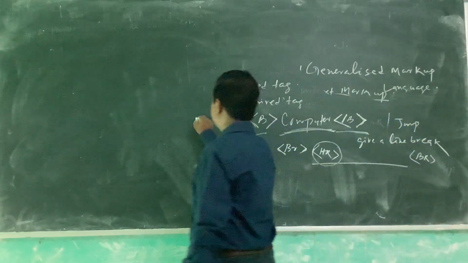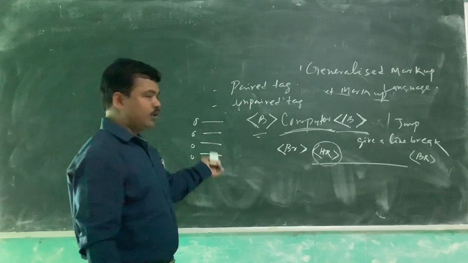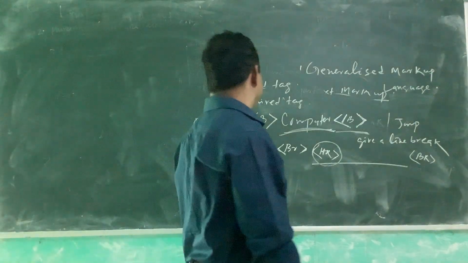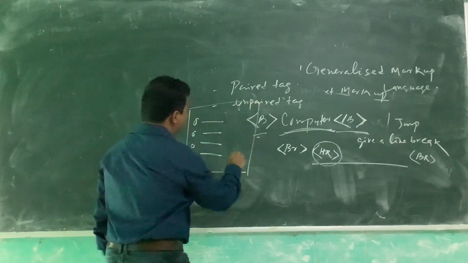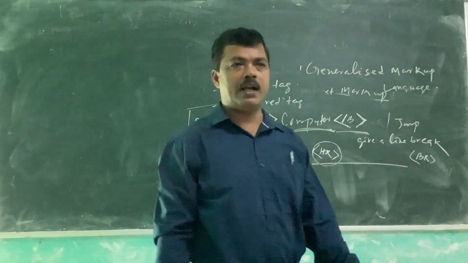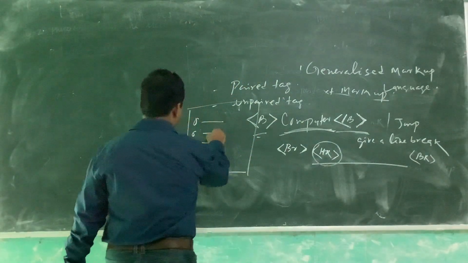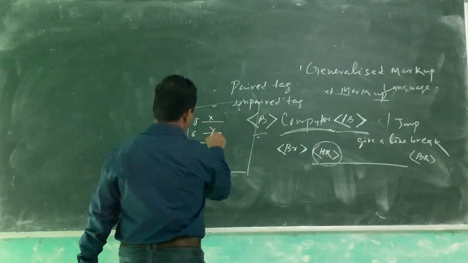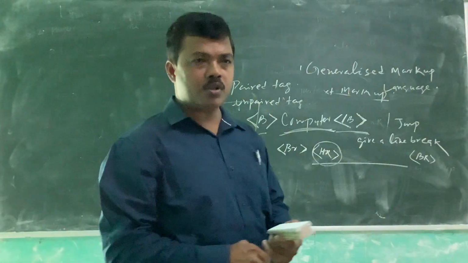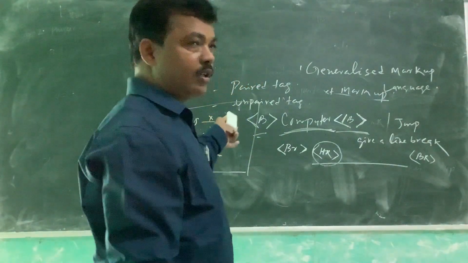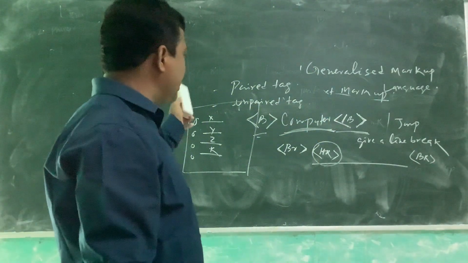Suppose these are the names of different students, and you wrote the names of students in Notepad or a text editor, line by line: X, Y, Z, K. These are the names of four students, typed line by line.